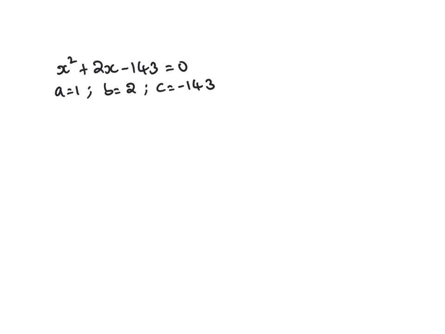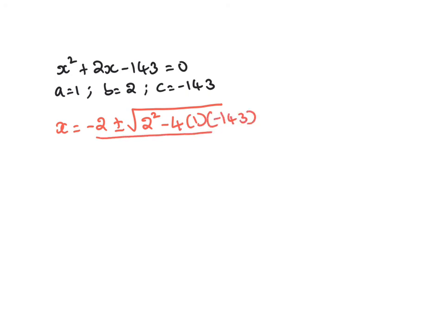So applying the quadratic formula, x is equal to minus b plus or minus the square root of b squared minus 4ac, divided by 2a. So this is the formula. So now we can move on.